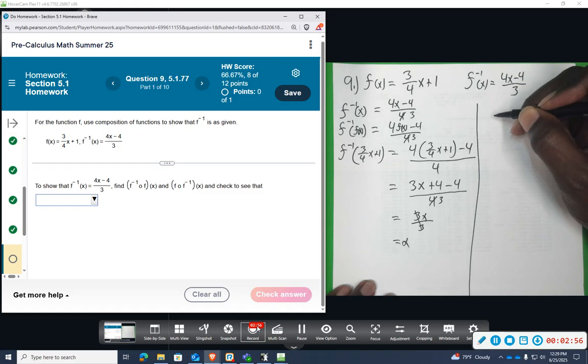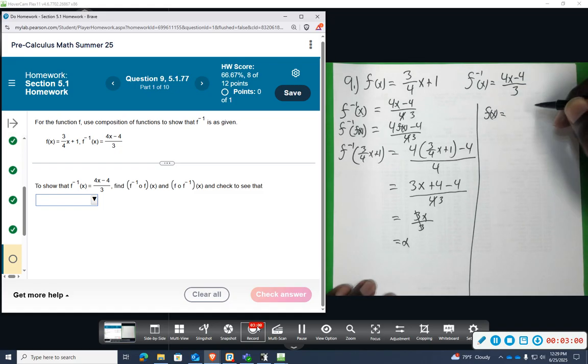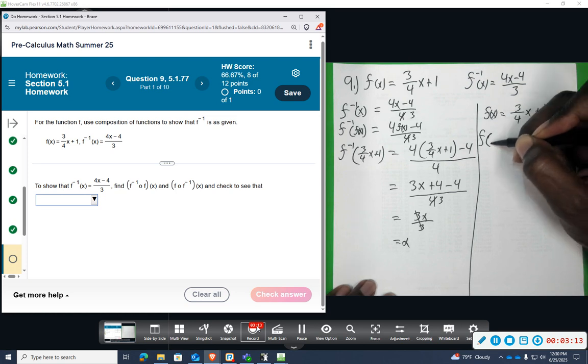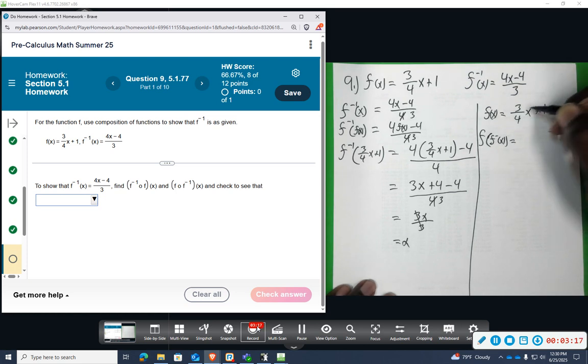And then we will start with f of x on this side, which is equal to 3 over 4x plus 1. And then we will do composition, so we'll plug in f inverse where we have an x.